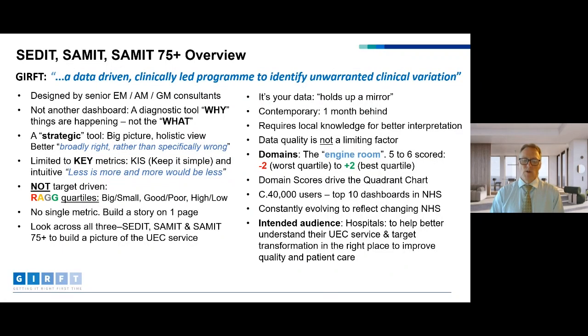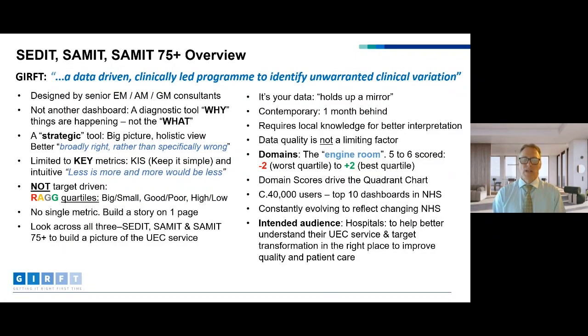So, for example, there are lots of different ways that medicine is set up. There are lots of different ways in which the activity that is undertaken is recorded, and there is a lot of variation in the quality of the data that is actually recorded. So we're using the SAMIT at a relatively high level, but it does require that local knowledge.